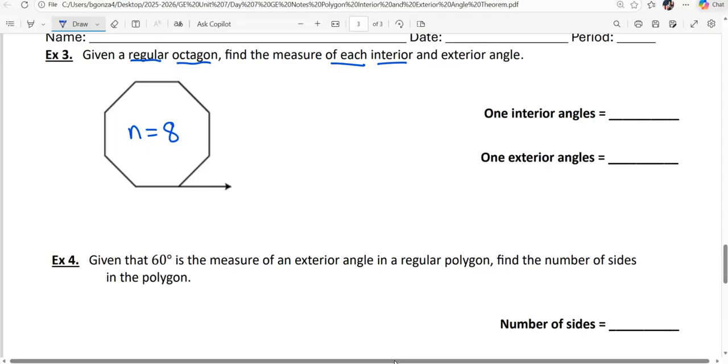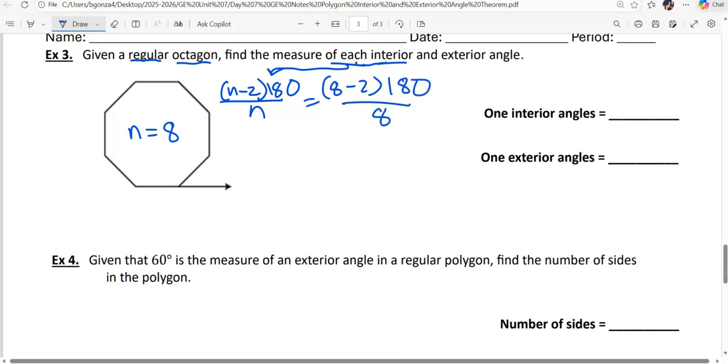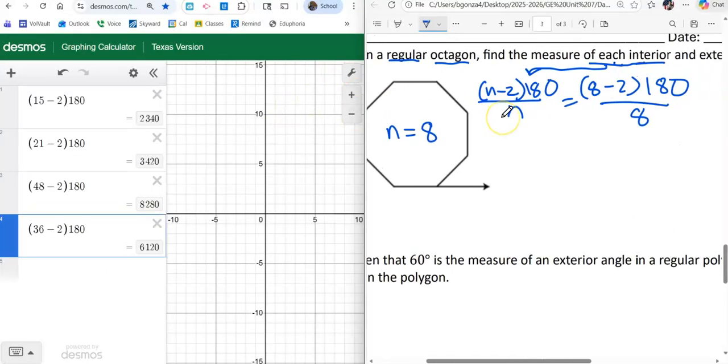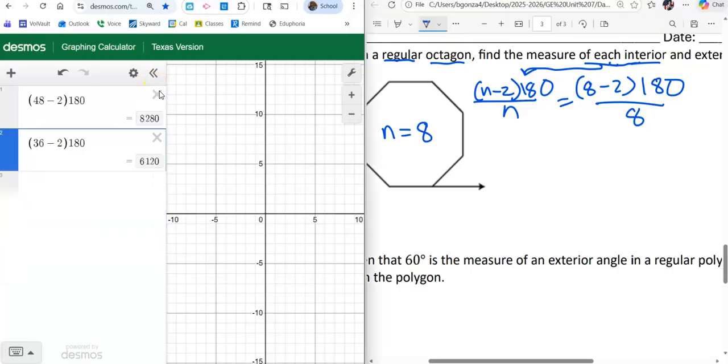So each interior, n minus 2 times 180 divided by n, is going to be 8 minus 2 times 180 divided by 8. Okay, so when you see each interior of a regular polygon, you got to use that formula. We're just going to knock that out real quick.